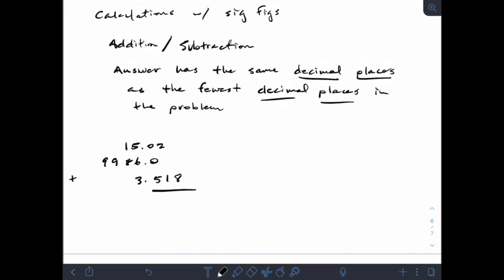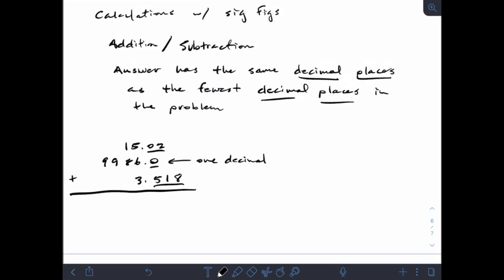This is an addition problem. All right, now, my top number has 2 decimal places. My middle number has 1 decimal place, and my bottom number has 3 decimal places. One decimal place in that middle number.